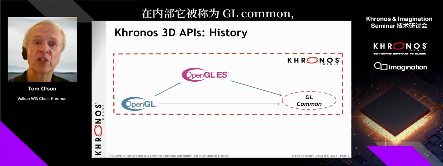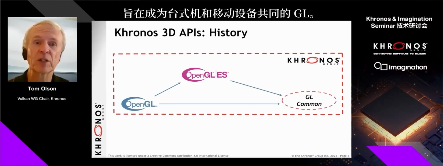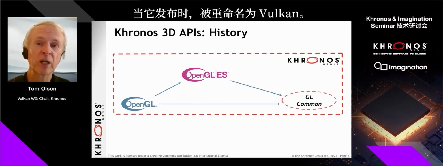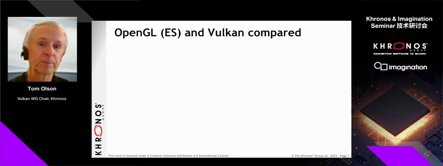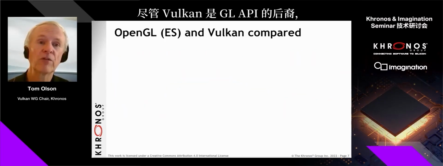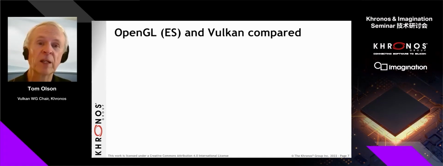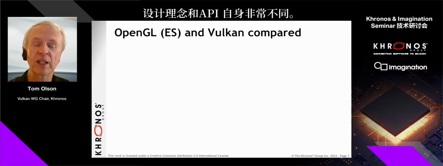Internally, it was called GL Common because it was meant to be a GL for both desktop and mobile. But because it was very different from OpenGL, when it was released, it was renamed Vulkan. Although Vulkan is descended from the GL APIs and is based on the same underlying computational abstraction, the design philosophy and the APIs themselves are very different.